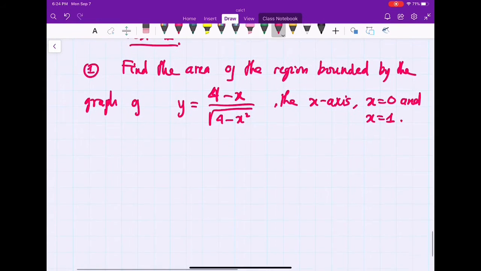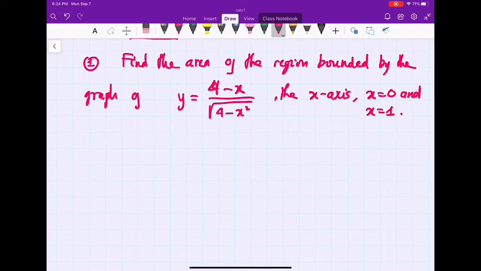So they don't give us any graph, but we have to make sure whether the graph of this function is above or under the x-axis, or maybe the function has some x-intercept in this interval 0 and 1. We are lucky because in this case, the function is always positive.